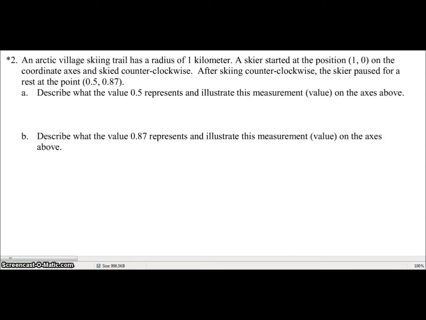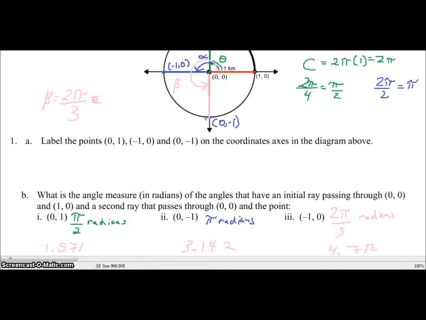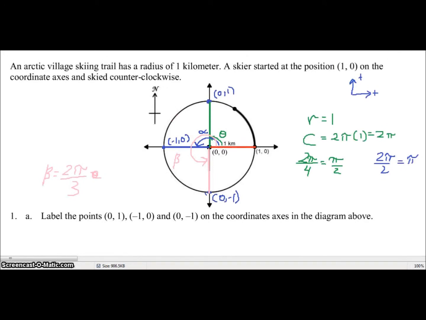An Arctic village skiing trail has a radius of 1 kilometer. A skier started at the position (1, 0) on the coordinate axes and skied counterclockwise. After skiing counterclockwise, the skier paused for a rest at the point (0.5, 0.87). So I'm going to find that on the graph up here. 0.5, that's about halfway here.